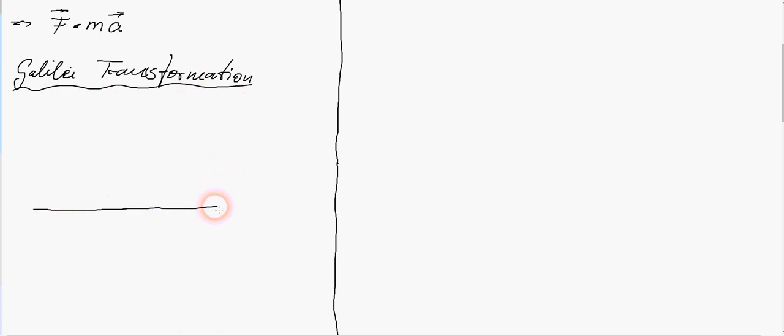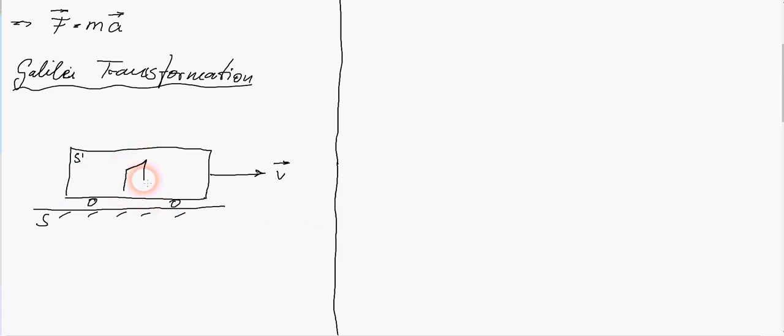We have an inertial frame, let's call it S, and another inertial frame should be a train passing by with constant velocity v. This is the S primed inertial frame, and within this train there is a door, and this connects 2 apartments of the train, and so a passenger of the train wants to open this door and he has to apply the force F prime.